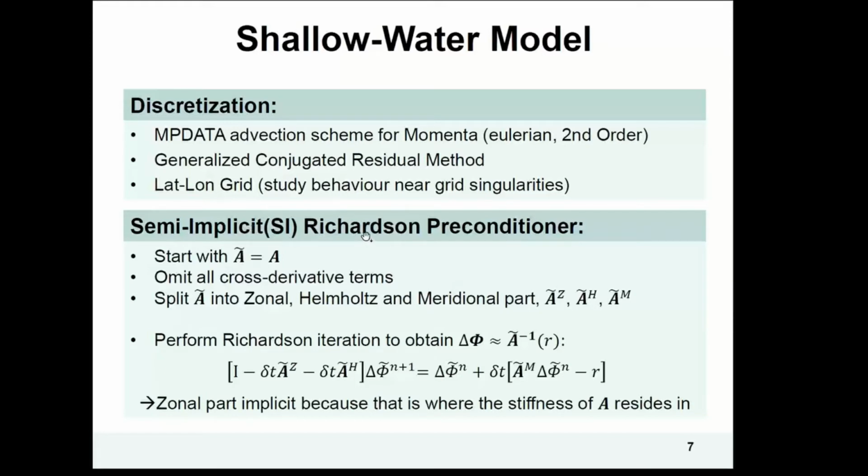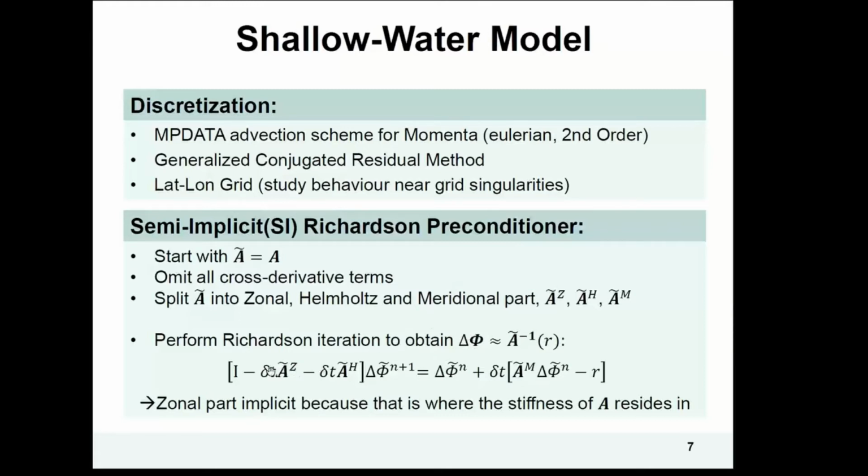And as a reference preconditioner, we define a semi-implicit Richardson preconditioner. And this works as follows. So first we take the preconditioner to be our original matrix A. Then we omit all cross-derivative terms, split the matrix into 3 parts. So a zonal part, a Helmholtz part, which is basically the center point, and the meridional part. And then we can perform a Richardson iteration to get an estimate for the fluid thickness.